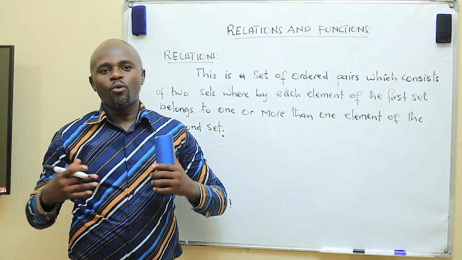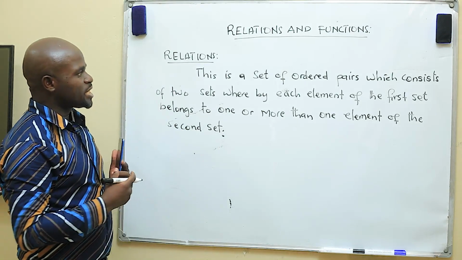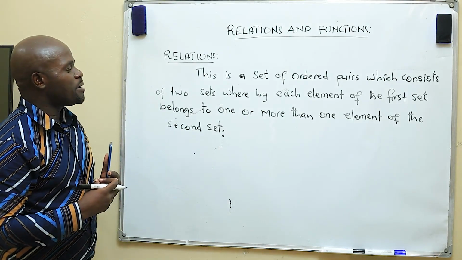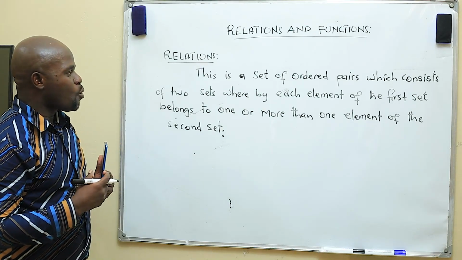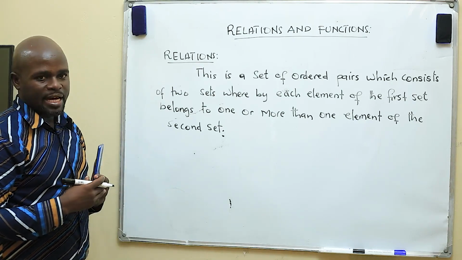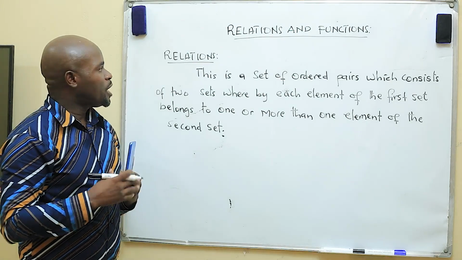So this is what a relation is: a set of ordered pairs which consists of two sets, whereby each element of the first set belongs to one or more than one element of the second set. This is the real definition of relation.